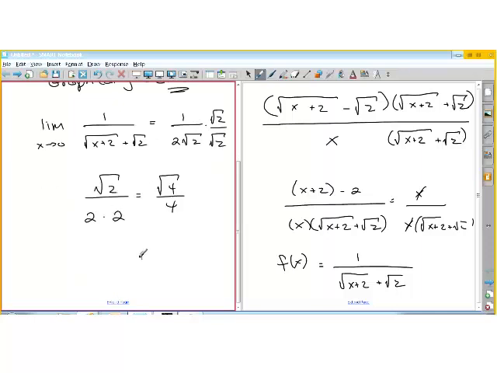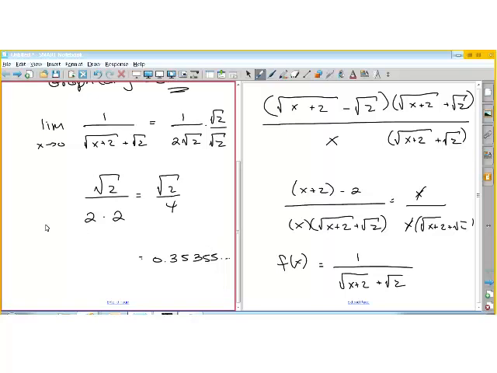And if I plug that into my calculator, sorry, square root of 2 over 4, not square root of 4 over 4. So the square root of 2 divided by 4 is 0.35355, and so on.